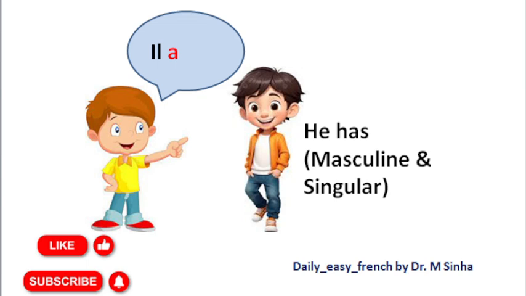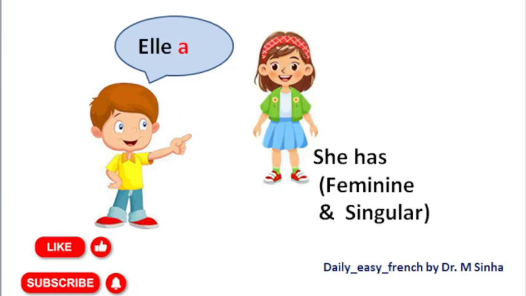Next, if you want to say he has, masculine and singular, you say il a. Il a. Again, il a. Very good. When you want to say she has, you say elle a. Elle a. Very good.